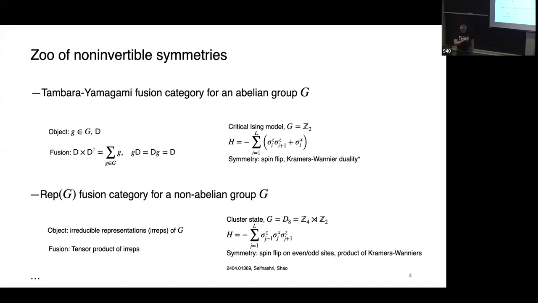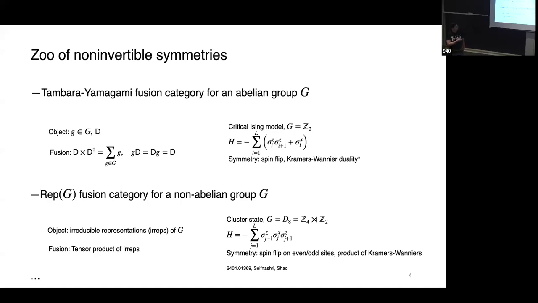The D8 group has four one-dimensional irreducible representations from the Z2 times Z2 group, realized by spin flips on the even and odd sites. And it has one two-dimensional irreducible representation, which is a non-invertible object, realized by the product of Kramers-Wannier on the even and odd sites.